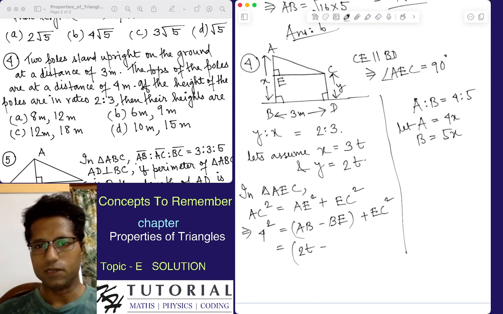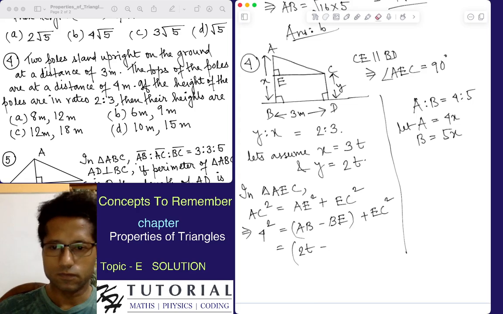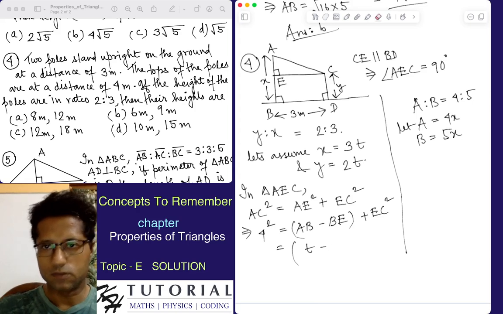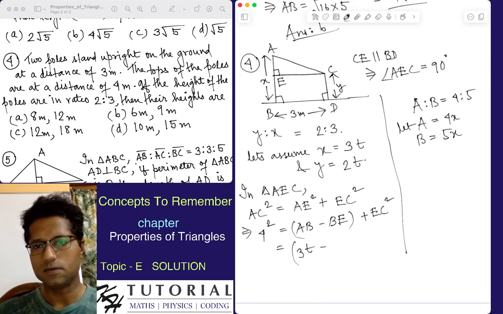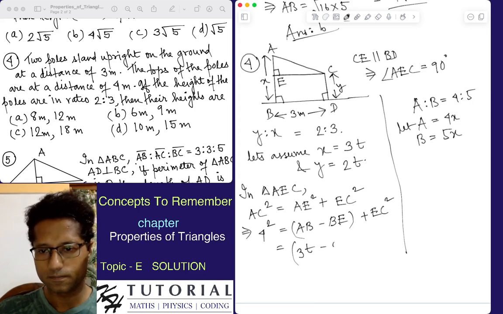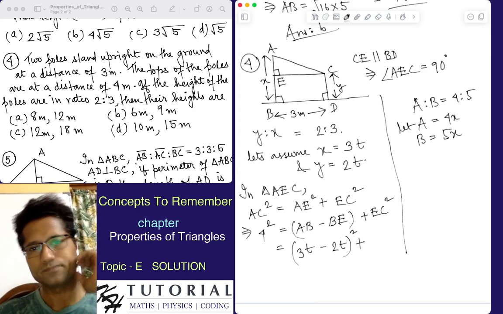Okay, now what is AB? AB is x and x is 3t. So we have 3t minus, what is BE? BE is equal to CD, that is y, which is 2t. We have (3t minus 2t) square. And what is EC?